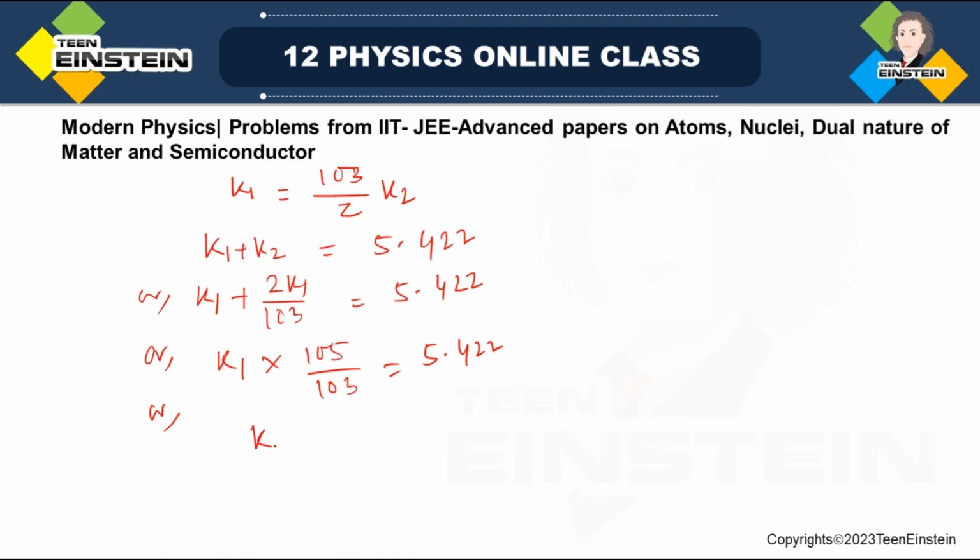So if I find the value of the kinetic energy of the alpha particle from here, we'll get it to be 5.319 MeV.